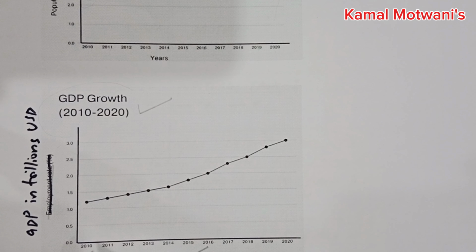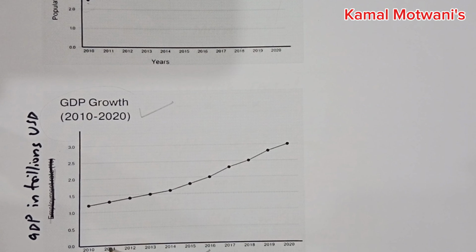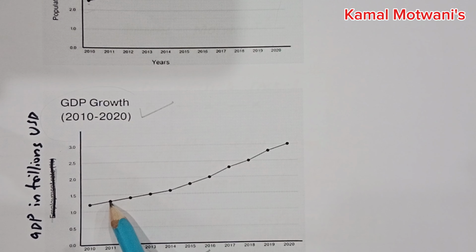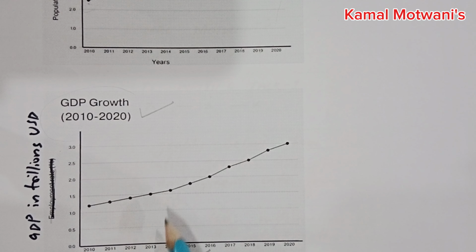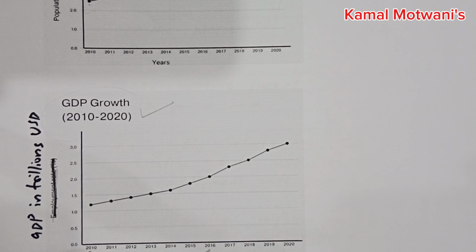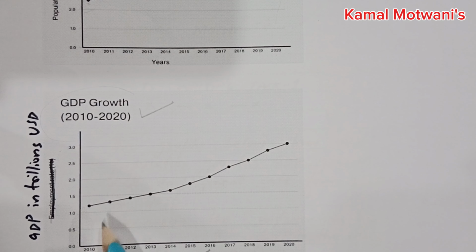Okay, in 2010 the GDP was around 1.2 trillion US dollars. You see, it was around 1.2. Okay, and then in 2011 it was around 1.3 trillion. Sorry, in 2010, it was around 1.2.